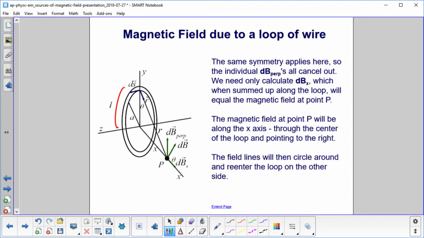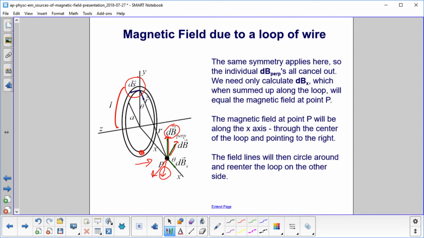The same symmetry applies here. ds up here is creating a magnetic field in this direction, and its projection perpendicular to the x-axis is here. You use the right-hand thumb rule to get that. If I have a current flowing down here in this direction, using the right-hand thumb rule, we have a magnetic field coming in this direction, and when we take dB perpendicular, it cancels out with this one.